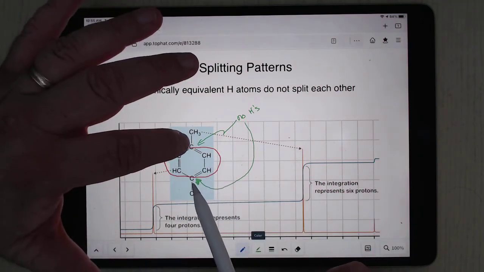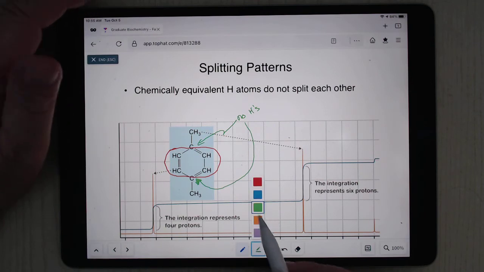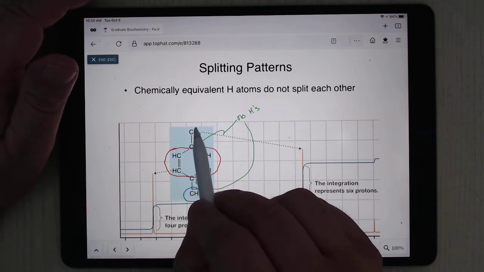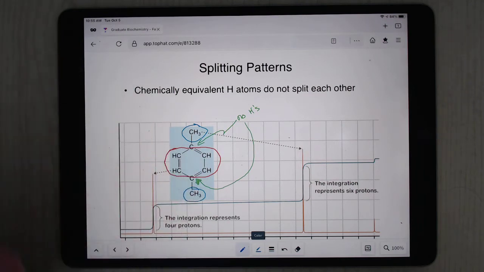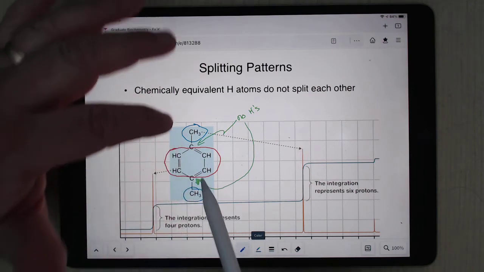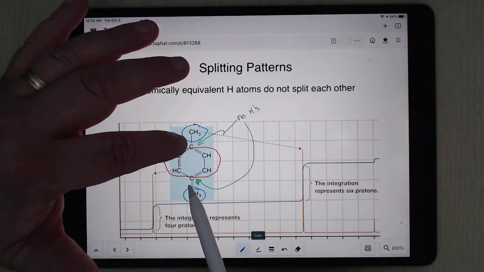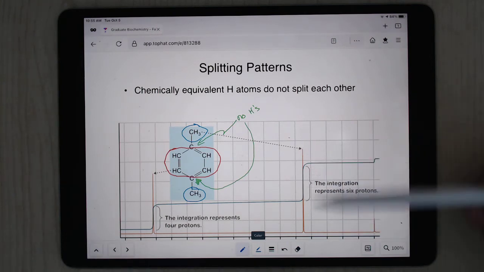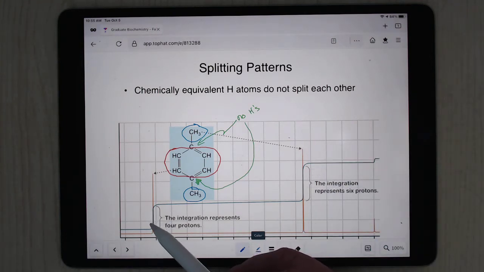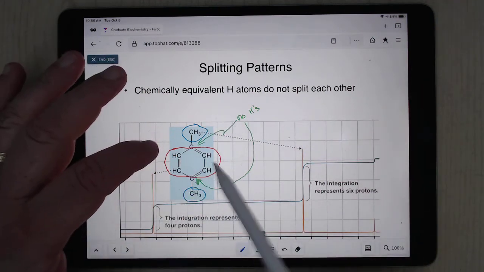The neighboring hydrogens would be right there, and there aren't any hydrogens there, it's just carbons. Same goes with these guys, the blue ones are equivalent to each other, because if I were to just flip it over, they would be equivalent. But again, they're looking at these 2 carbons here as their neighbors. There's no hydrogens there, and so that's why it gives a single signal. These would integrate to 6 hydrogens, and these would integrate to 4 hydrogens.